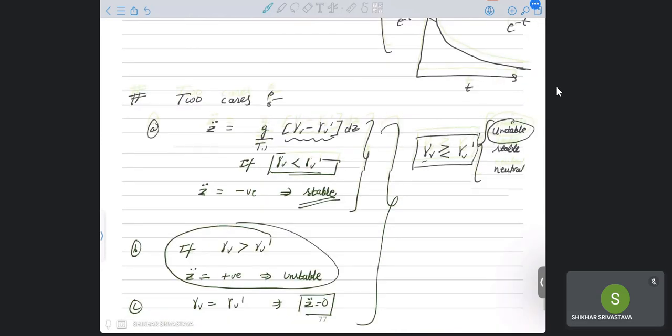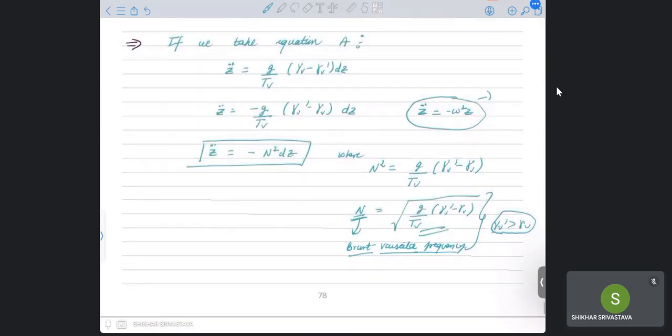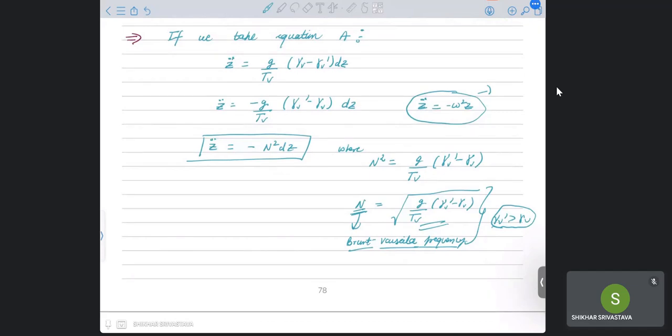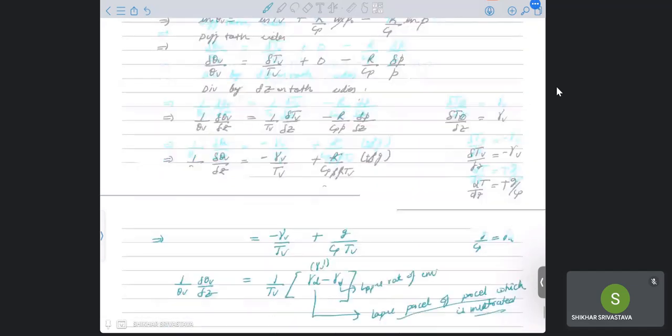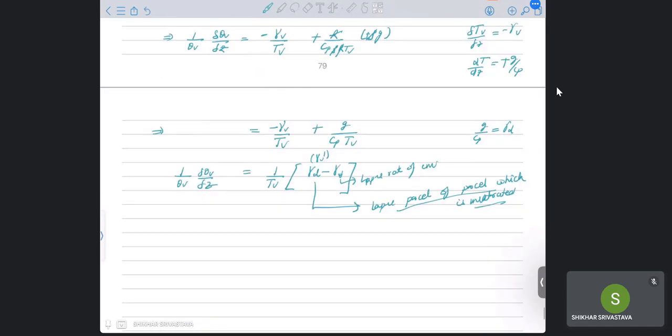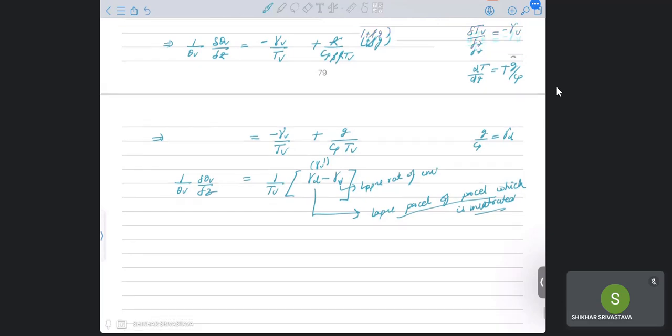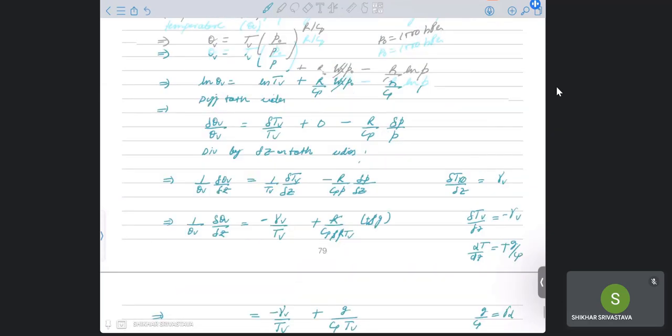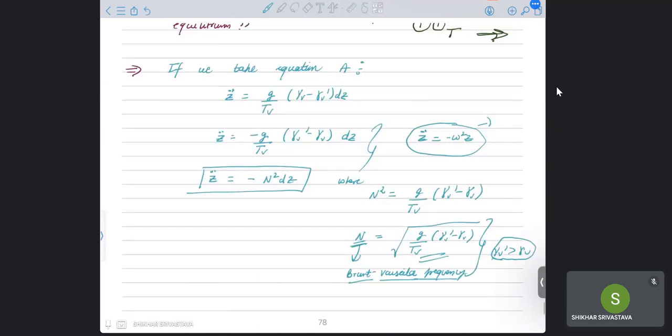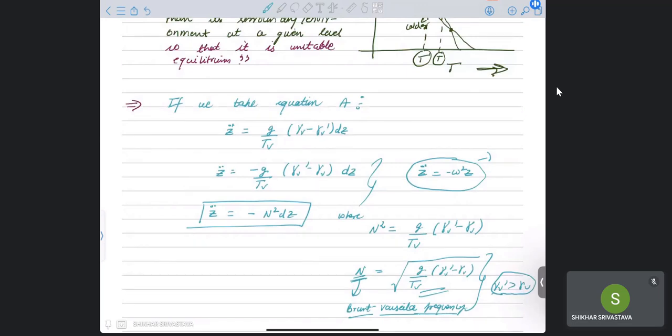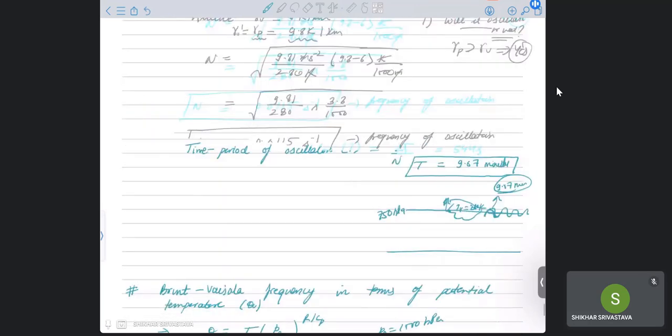So what we'll get is, from here we can write, when we replace gamma V prime minus gamma V upon TV, we can write it as d theta by dz times 1 by this quantity.